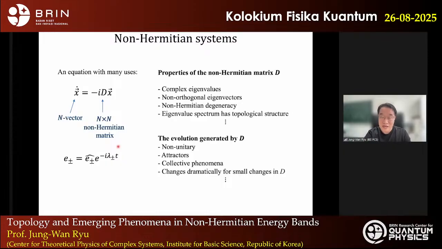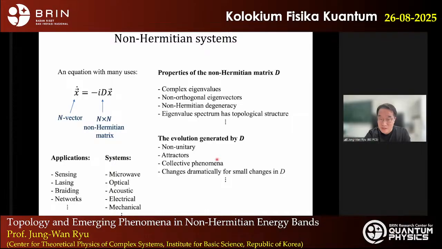So today I focus on the non-Hermitian matrix or non-Hermitian effective Hamiltonian in this part. Using these interesting properties, there are many applications for sensing, lasing, and gradient networks in various systems: microwave, optical, acoustic, electrical, mechanical, and quantum systems.